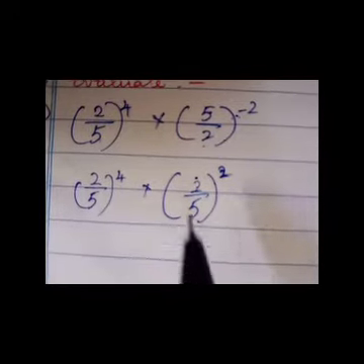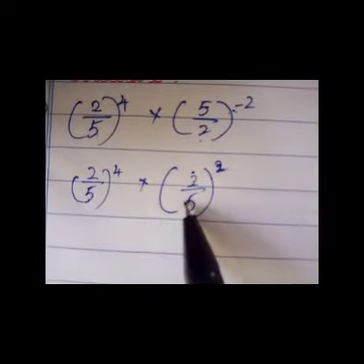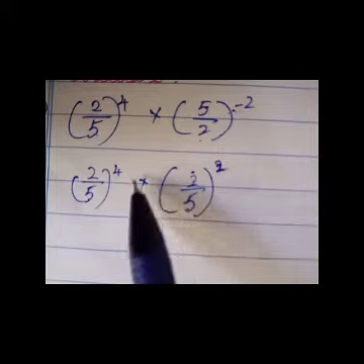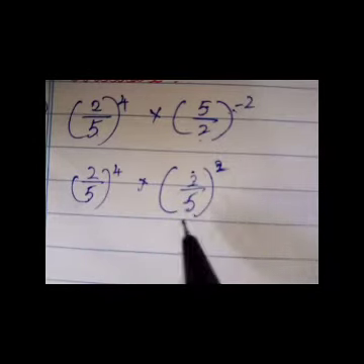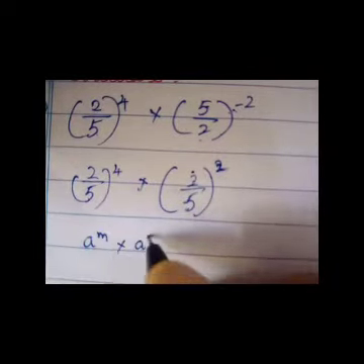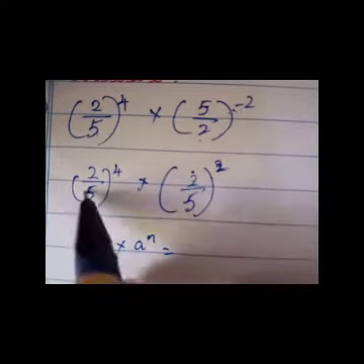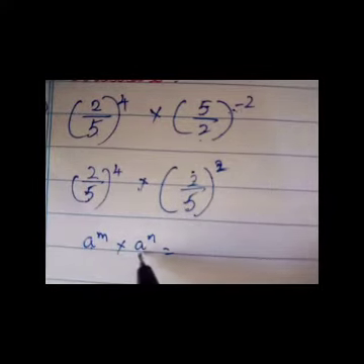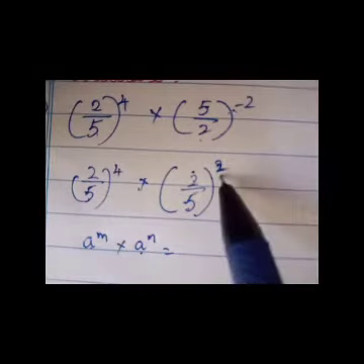Now if you see here, the bases are the same and in between a multiplication symbol is there. So which rule is it? a power m into a power n. Here the bases are the same, only the powers are different.